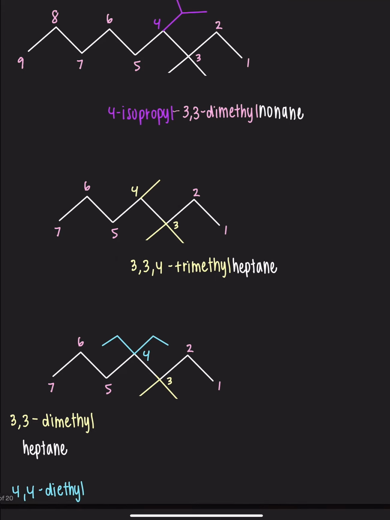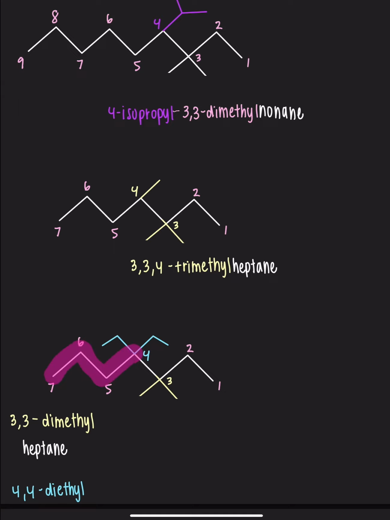Again, look for the longest chain. So 1, 2, 3, 4, 5, 6, 7. I don't know why I put all 7s on here, but it's okay. I guess if you see what the point is, you'll be able to do that. Okay, 1, 2, 3, 4, 5, 6. No. Okay. 1, 2, 3, 4, 5, 6, 7. Yes.